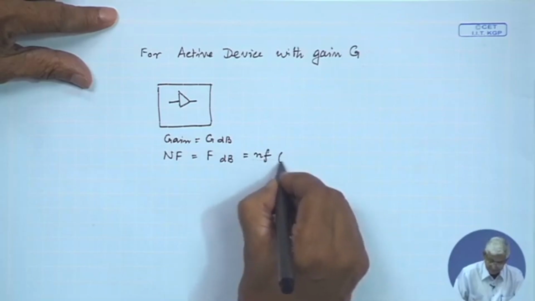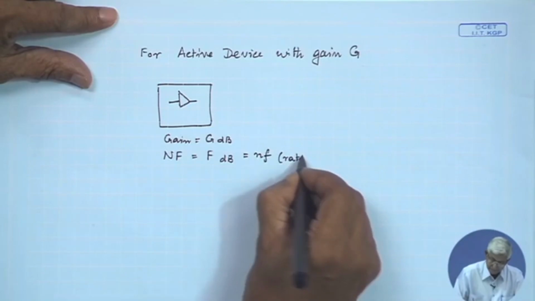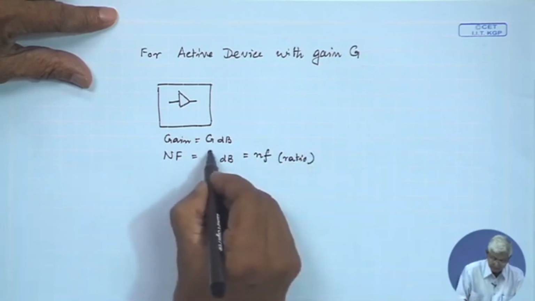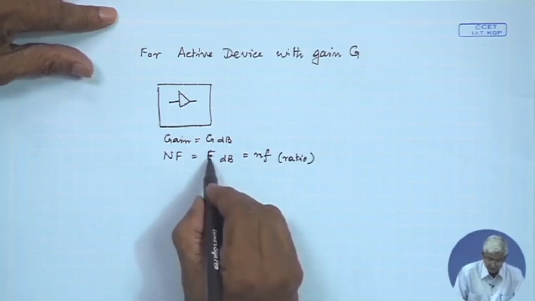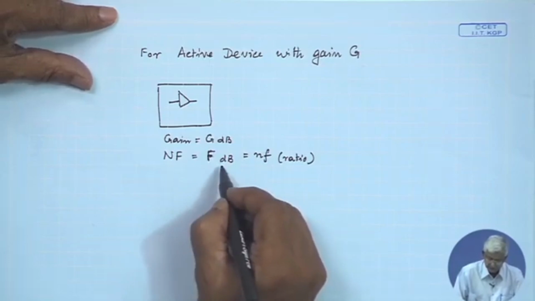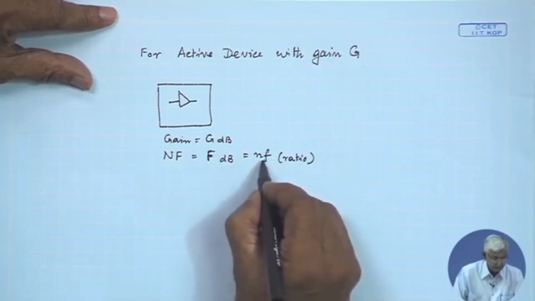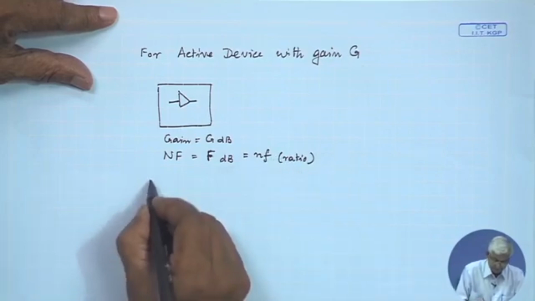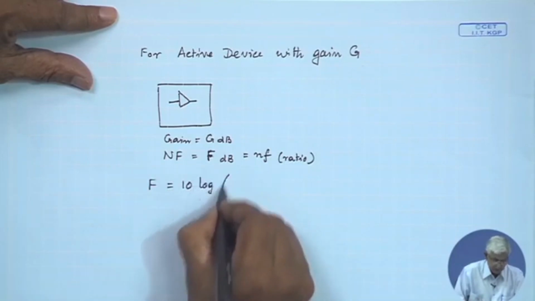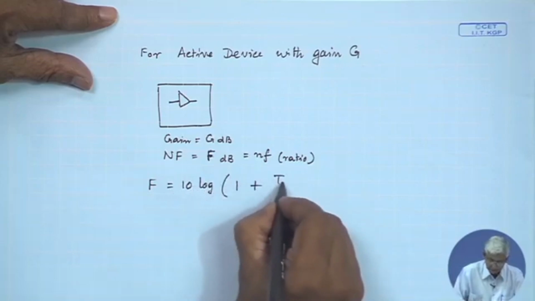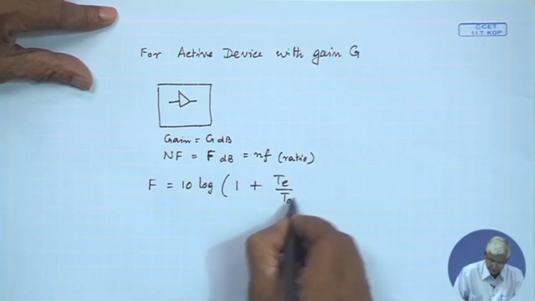This is in ratio, just to differentiate. Normally these are the nomenclature people use. Capital F is normally in dB and denotes the noise figure. When it is converted into ratio, I am writing it as a small nf. So, F is equal to 10 log of 1 plus T e by T 0.